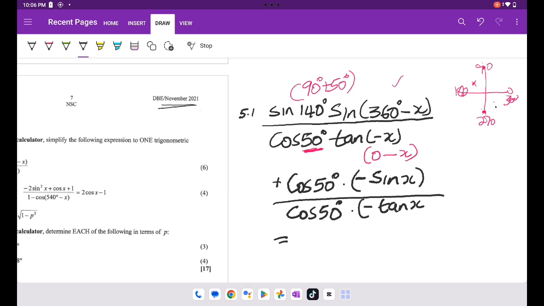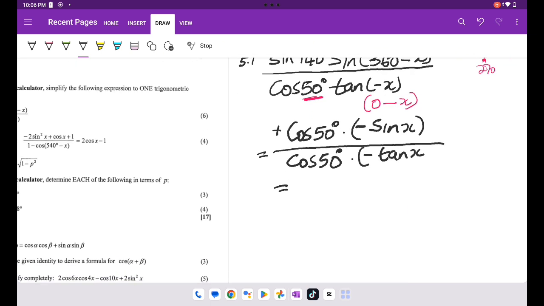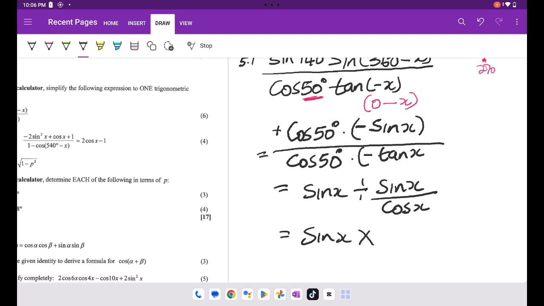So the cos 50 will get rid of the cos 50, the negative will get rid of the negative, and then we are left with sine x divided by tangent x, which we can rewrite as sine x over cos x. Now we can change the division and make it a multiplication. So in that case, we will swap this. So we will have the cos first.